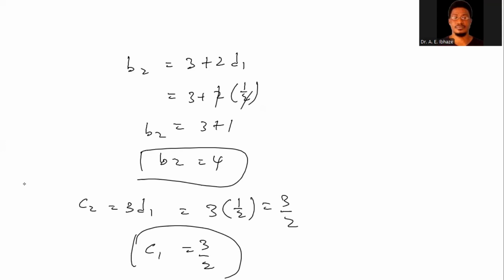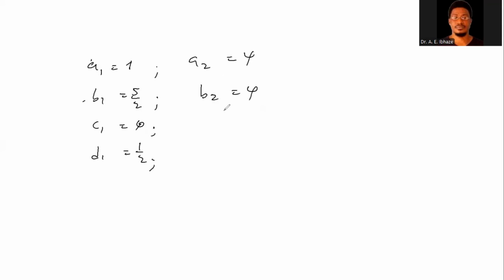So far, we have been able to derive the coefficients such that a1 is the same as 1, b1 is the same as 5 over 2, c1 is the same as 0, and d1 is the same as 1 over 2. Also, a2 is the same as 4, b2 is the same as 4, c2 is the same as 3 over 2, and d2 is the same as negative 1/2.